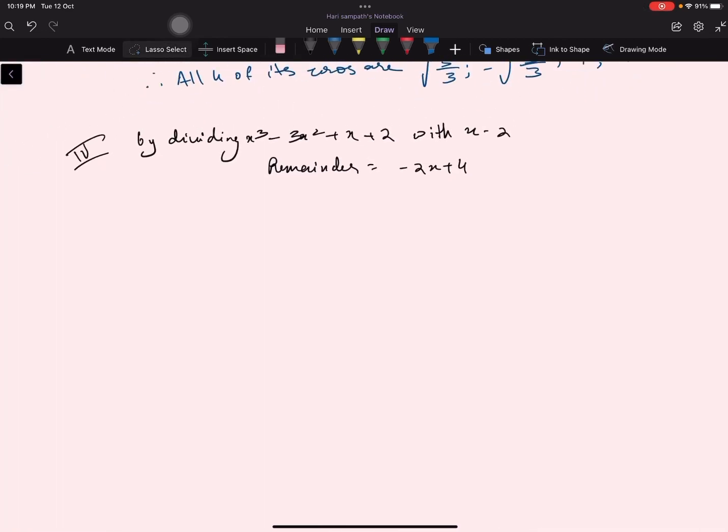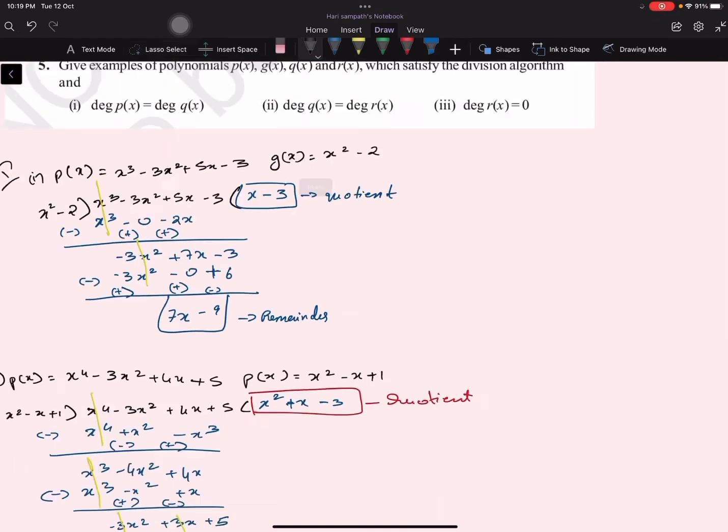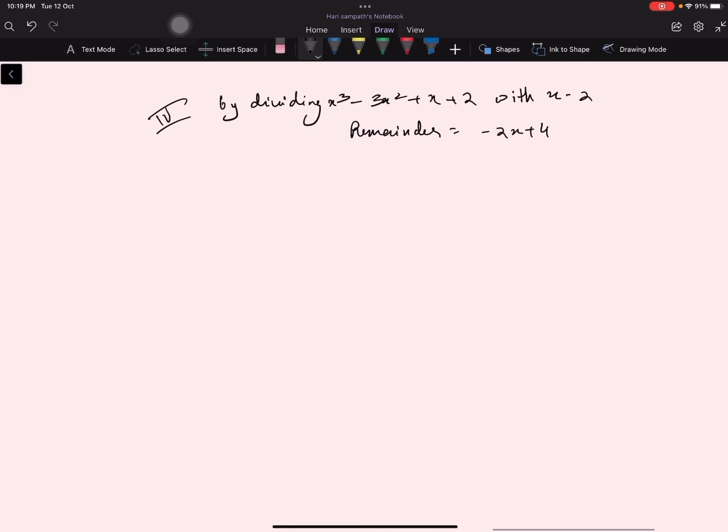So what we know is, 1 minute, let me go down. P of x equals g of x into q of x plus r. Okay, so we're going to be substituting all of them. X cube minus 3x square plus x plus 2 equals g of x.